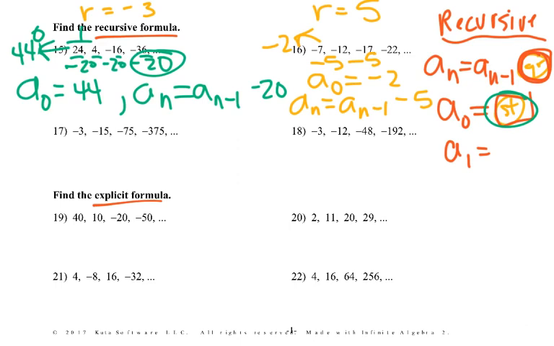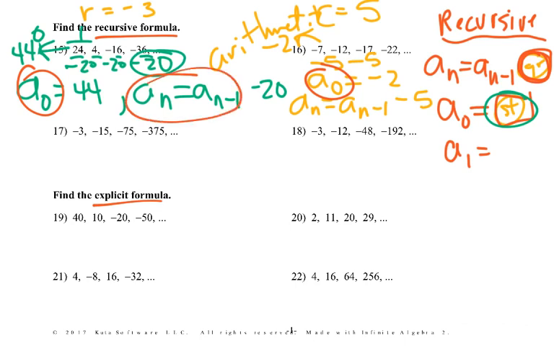And there's our recursive formulas for an arithmetic formula. Once again, notice that this part is always the same as is this part. Okay? And it's a good idea to write them kind of a little bit lower for the n and the n minus 1. Remember, the recursive formula connects the outputs. So it's the next output equals the previous one, and then whatever the growth is, and then the a sub 0 is where we started.